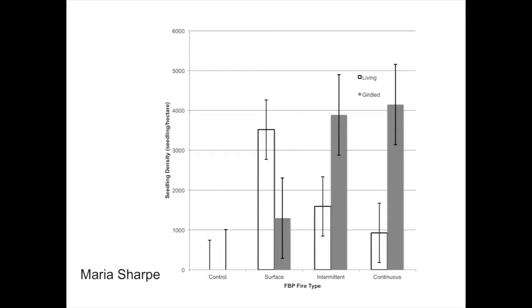But yet we have the best regeneration in the stands with higher burn intensity. Well, in the living stand, we actually had the best in the surface burns. So this really produces some counterintuitive results.